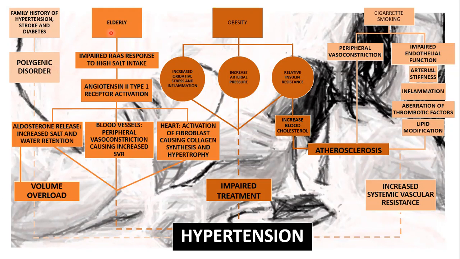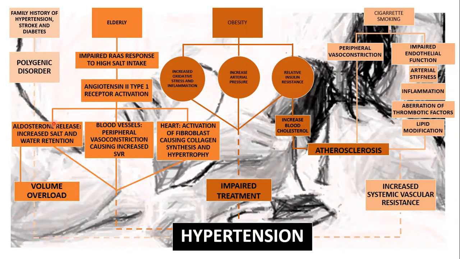Next, the elderly risk factor is also important because among them, they have an impaired RAAS or renin-angiotensin aldosterone system response to a high salt intake, wherein there would be an activation of angiotensin type 1 receptor.